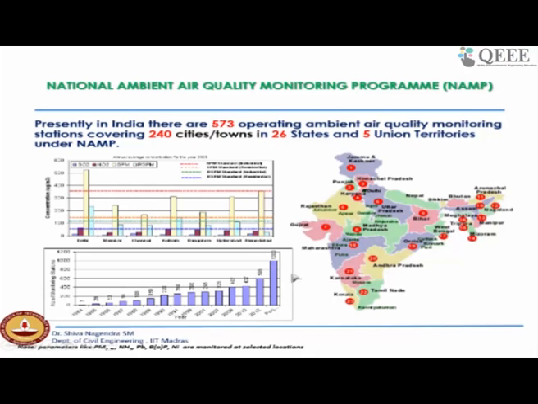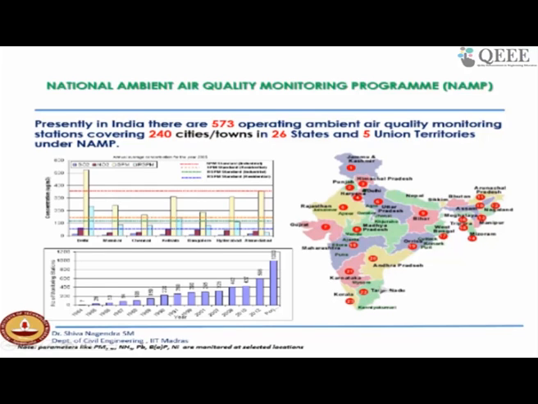Now there are issues associated with that. For example, how many stations need to be set up in one area? For a city with a population of about 50 lakhs, how many stations should there be? EPA has made some guidelines: there should be one air quality monitoring station for every 5 lakh population.